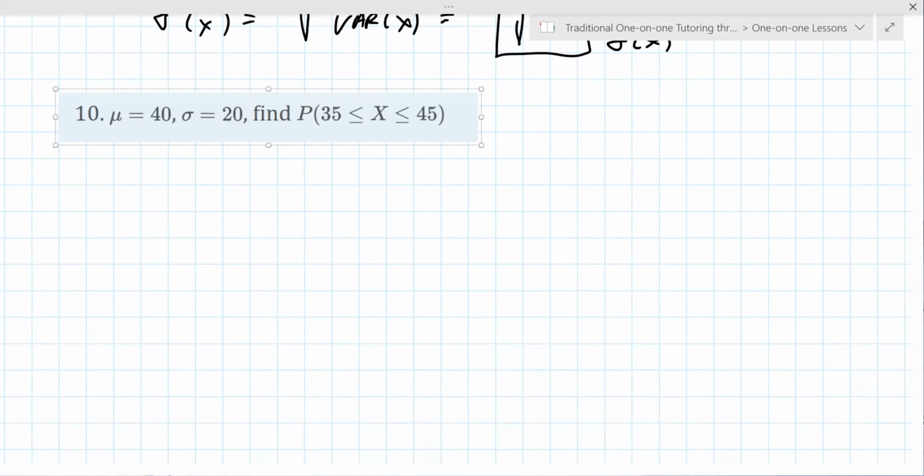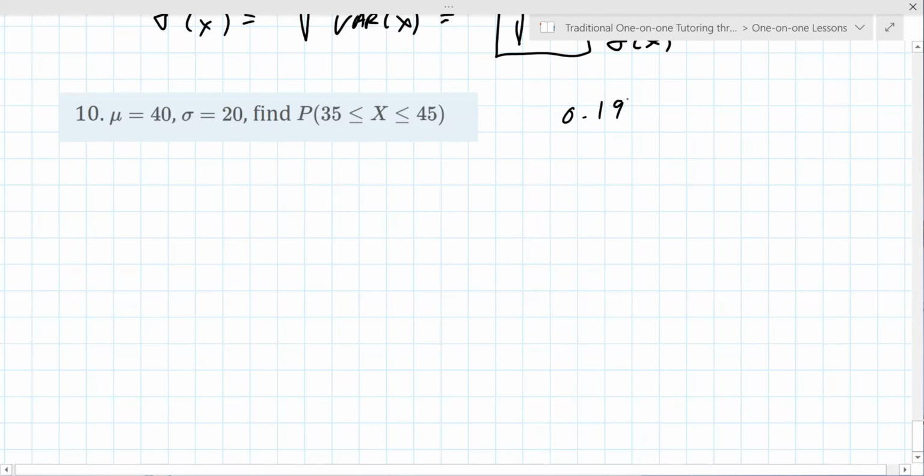So let me get my calculator up. All right, 40, 20. All right, so I get 0.1974. Yes, that's what I got as well. Okay, what's next? Then it's 14, which is the same.